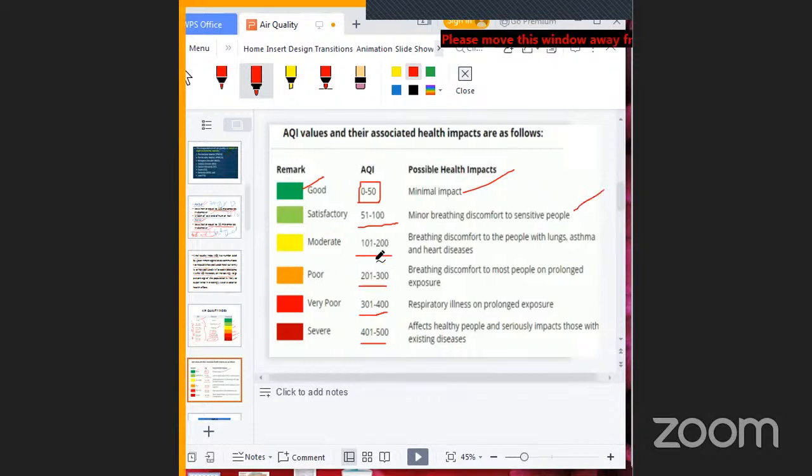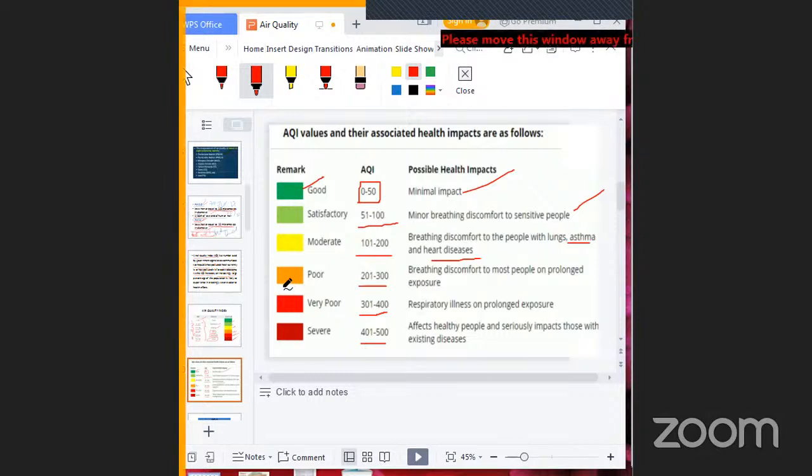And 101 to 200, moderate, may cause breathing discomfort to people with lung disease such as asthma, and discomfort to people with heart disease, and also children and older adults.